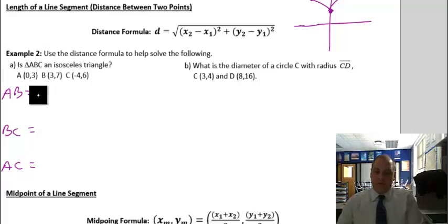So for AB, distance formula: subtract the x's. A and B, 3 minus 0, squared.